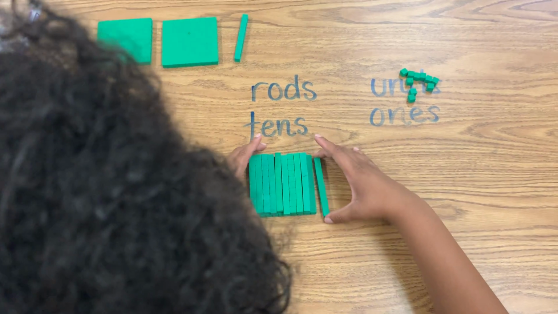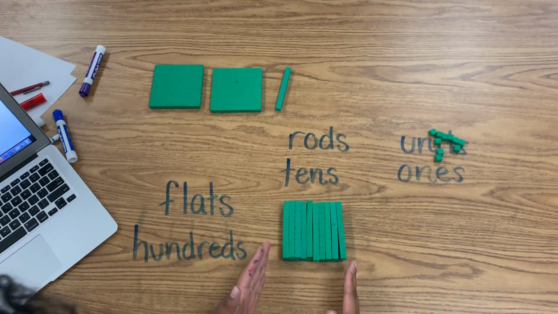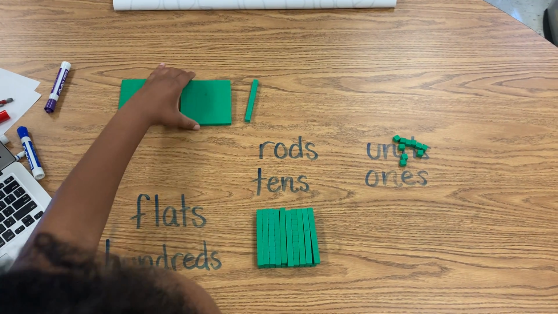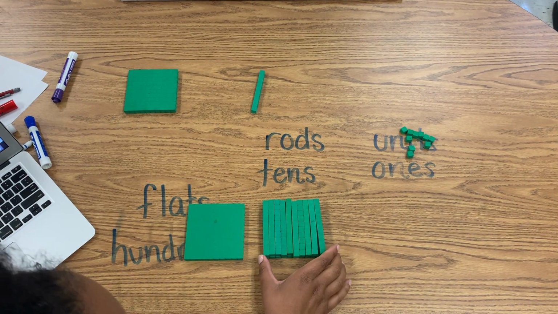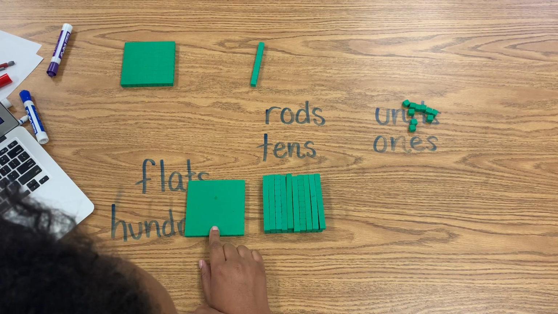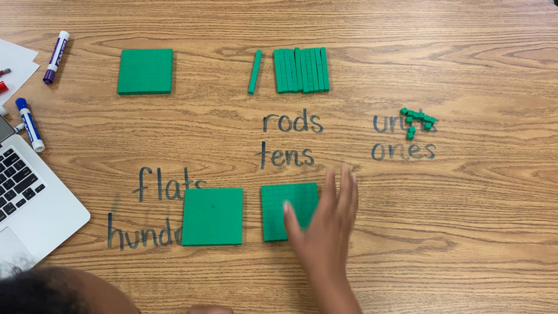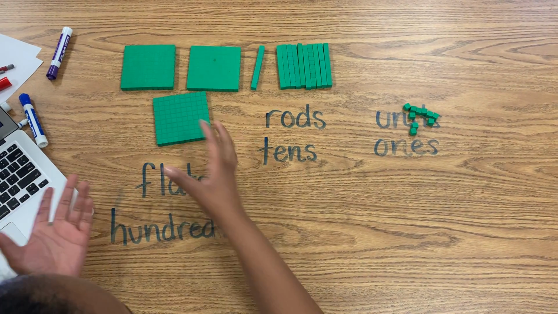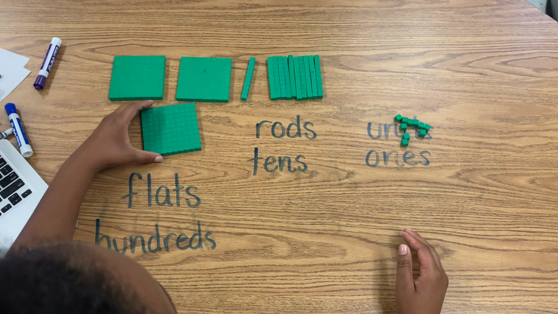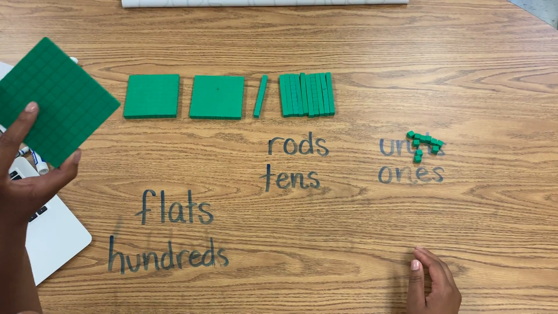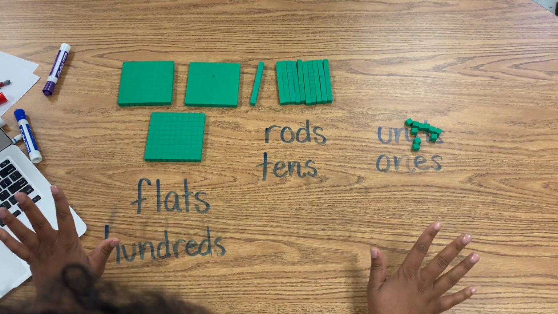I was able to fit 10 rods perfectly on top of my hundreds flat because there are 10 tens in 100. If I had a thousands chart, I would show you how there are 10 hundreds in 1,000, but we don't have to do that today.